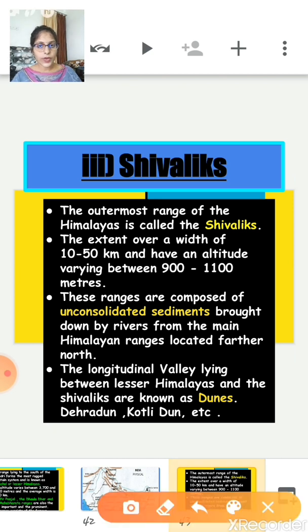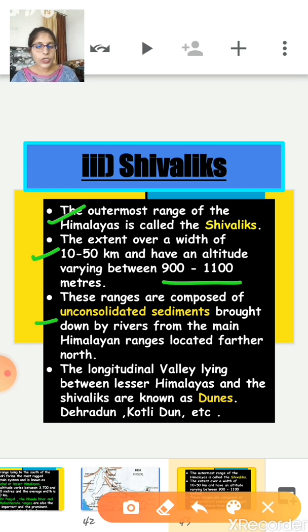So next one is the Shivalik. The outermost range of the Himalaya is called the Shivalik. Now the extension, they extend over a width of 1050 kilometer and have an altitude varying between 900 to 1100 meter.